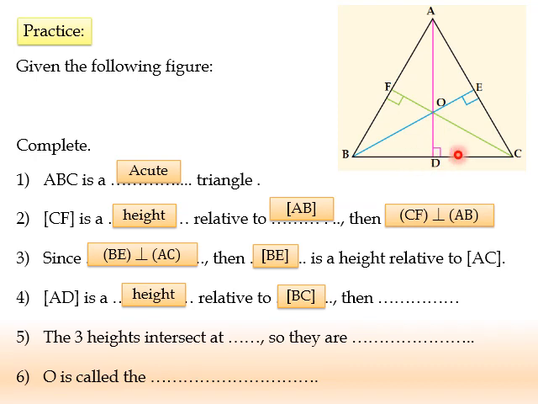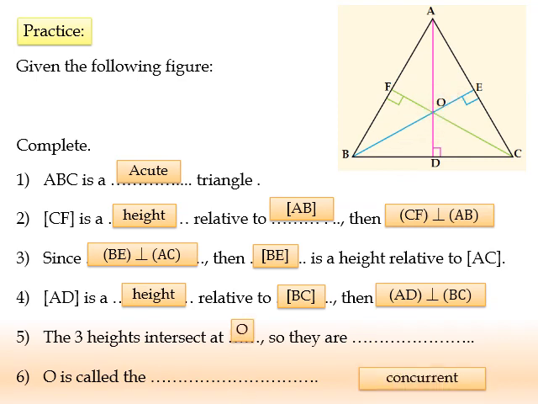And what do you mean by height? We can clearly see that AD is perpendicular to BC. This is the sign that I use to abbreviate the word perpendicular. Now the three heights intersect at which point? Here, the purple, the green, and the blue, they intersect at point O. So they are concurrent.